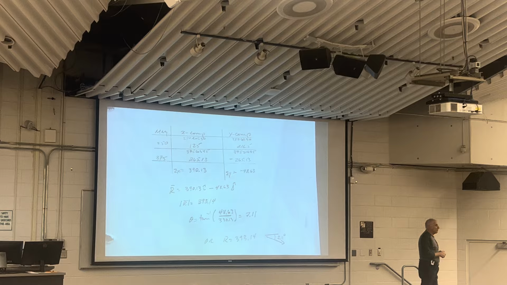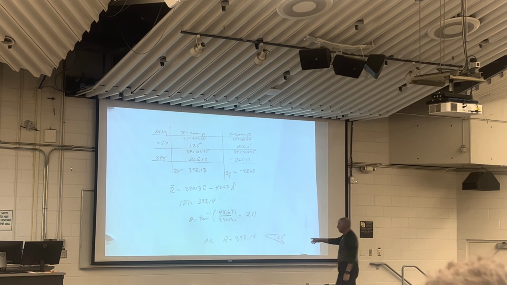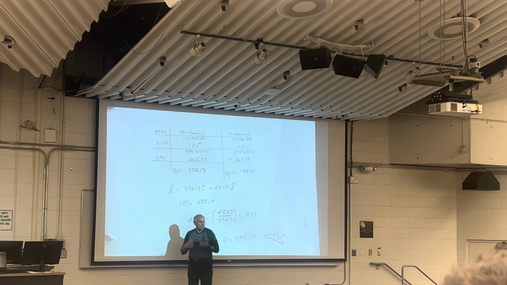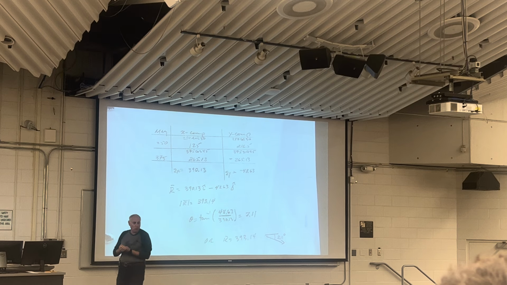Listen, when it comes down to you giving me 393.14 or 393.18, you really think I'm going to take off all points? Because I got 7.11 here anyway. I had 7.11 before.